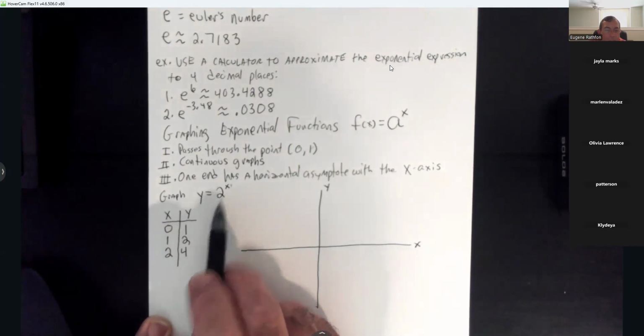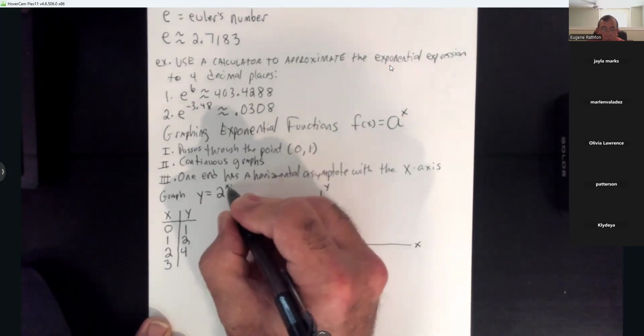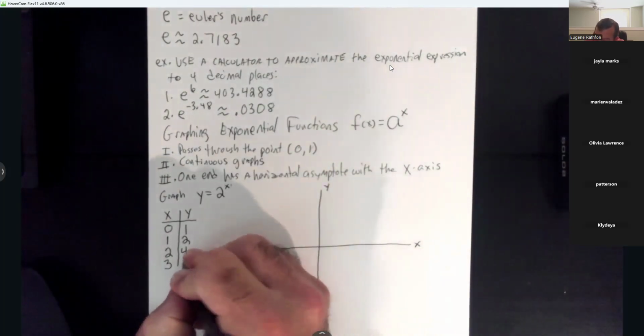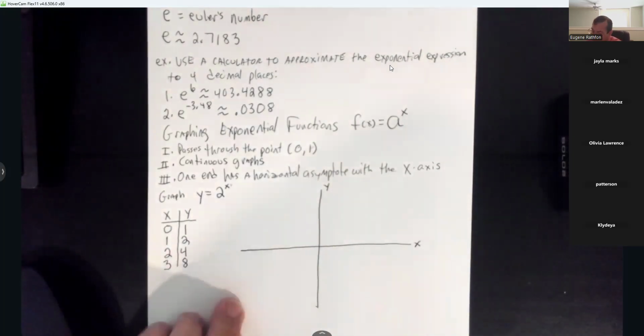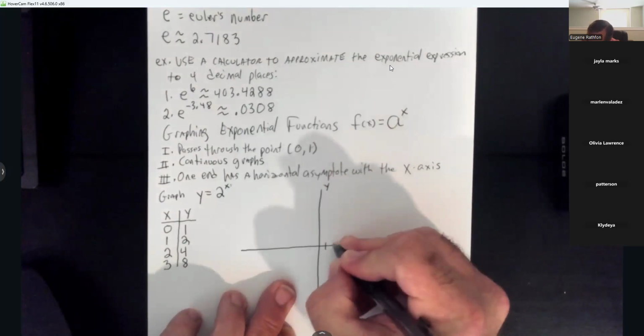And y'all, let me do another one. How about if x is 3? That'll be 2 to the third power. So 2 times 2 times 2 would be 8. So I'm going to go out about 10.